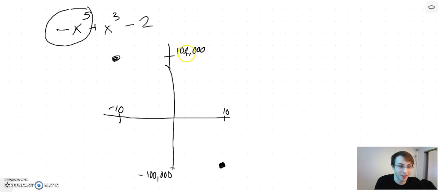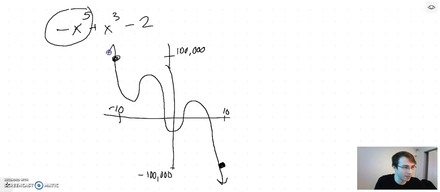And if you have $100,000 and you spend $2 on something, again, it doesn't really matter so much, it just pales in comparison. And how many turns do we have? Well, we look at the 5, and we've got one less turn than that. So 4 turns: 1, 2, 3, 4. So maybe it looks something like that.